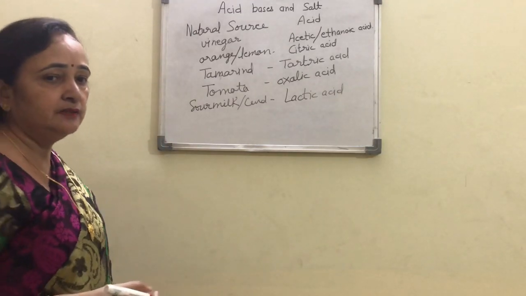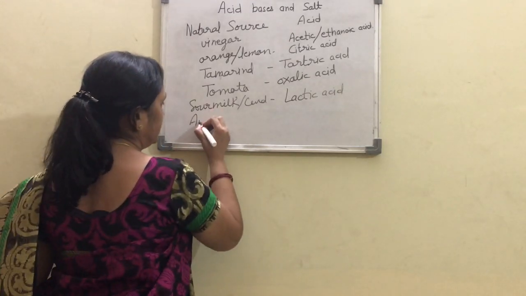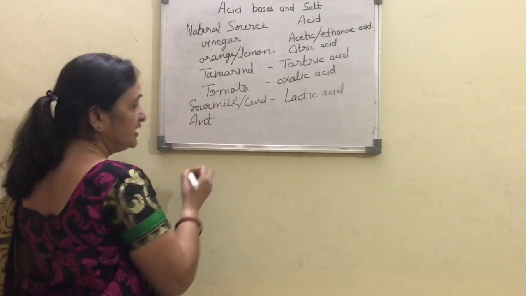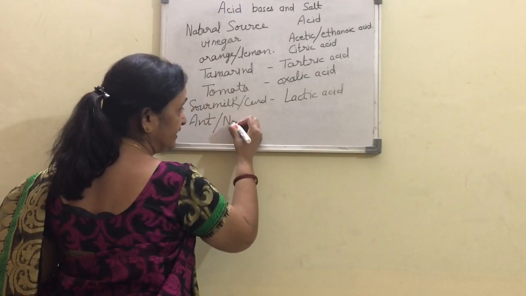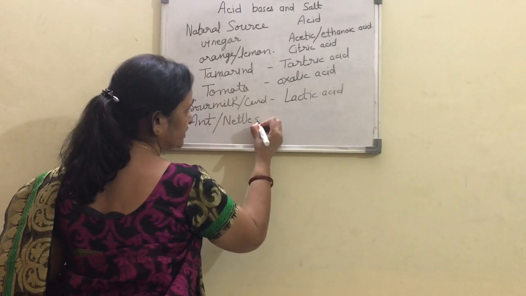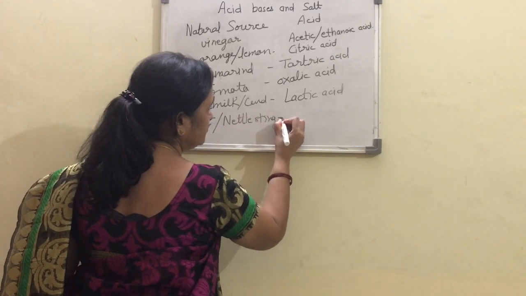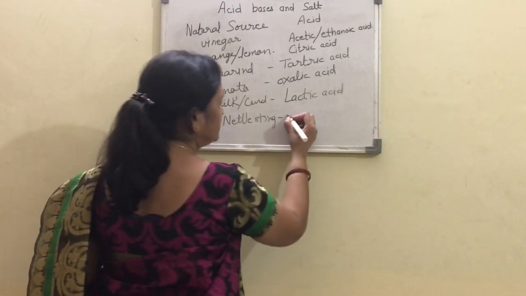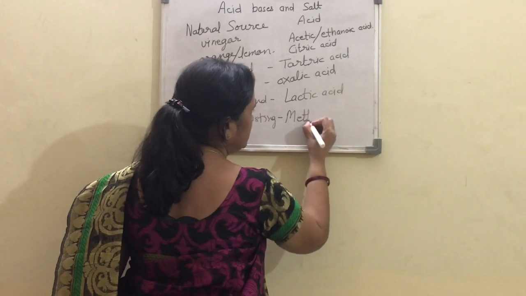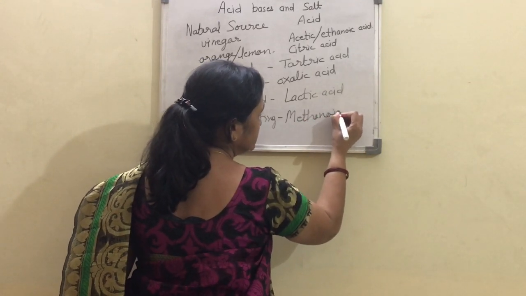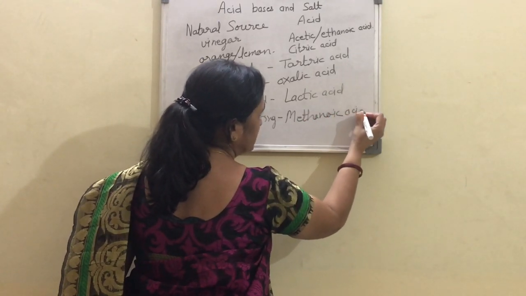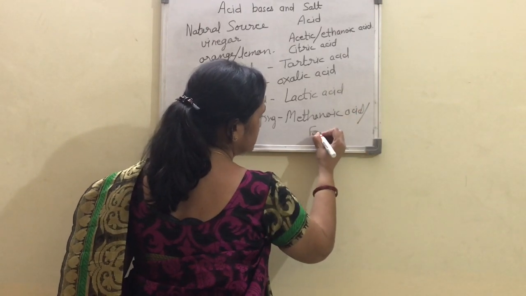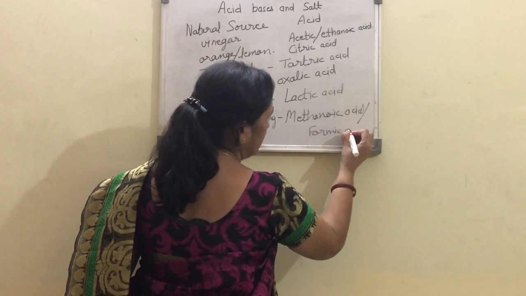Then comes the ant sting. As I told you, in ant sting as well as in nettle sting, both of them have methanoic acid, and the other name for methanoic acid is formic acid. So don't forget, this is formic acid.